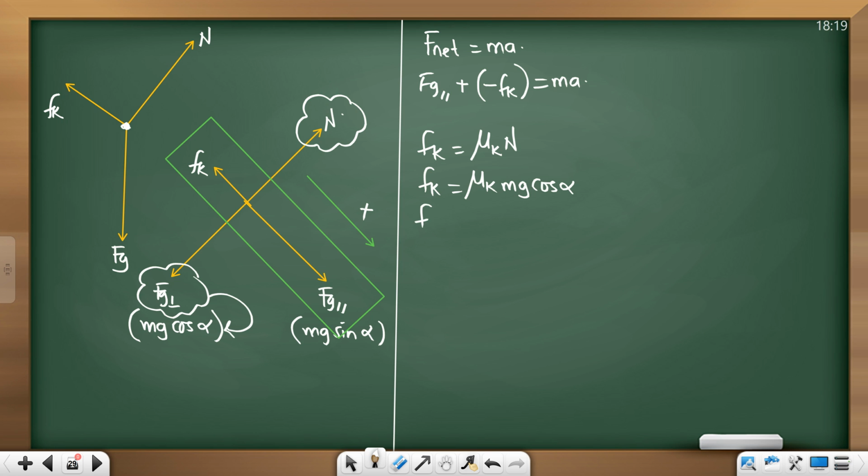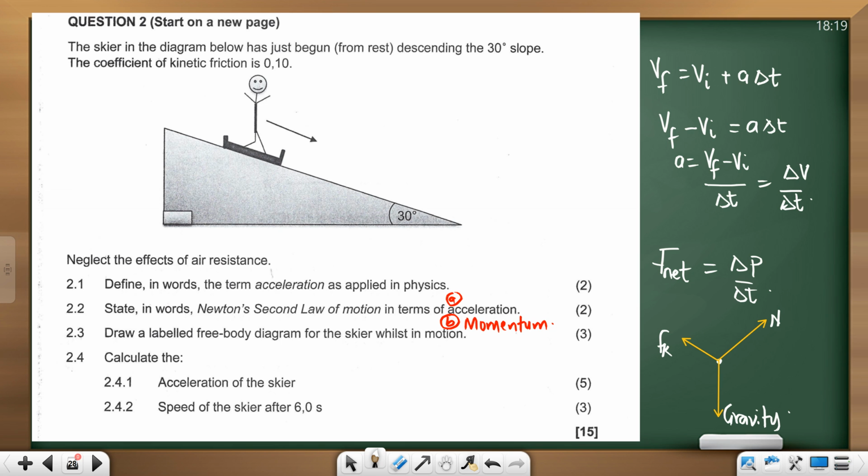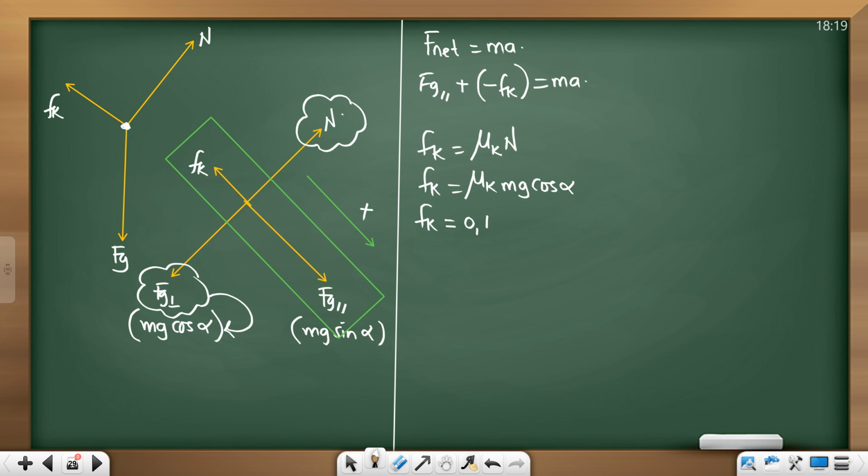Mu_k, I think this is 0,1. Do we know the mass? No, we're not given the mass. Times 9,8 cos 30. So our answer would be in terms of mass.